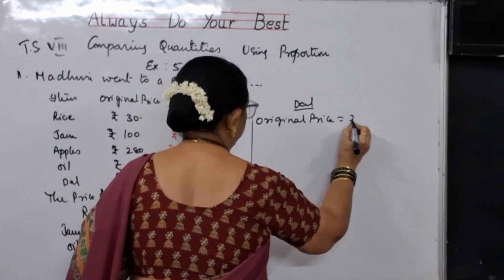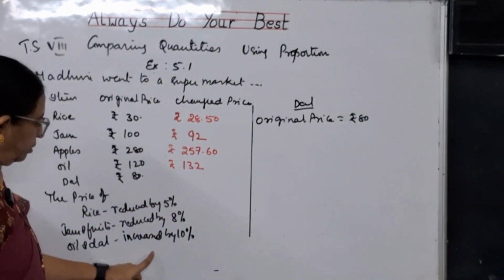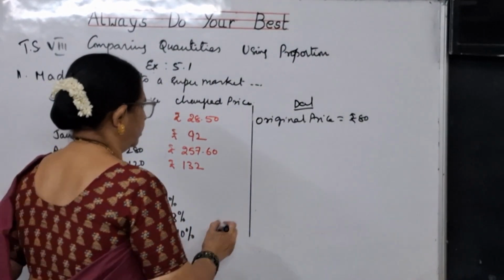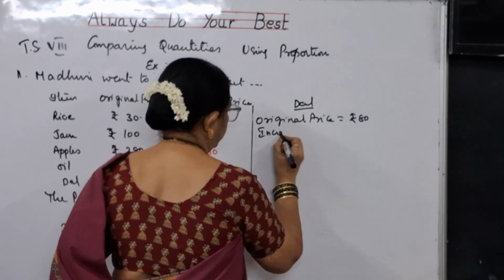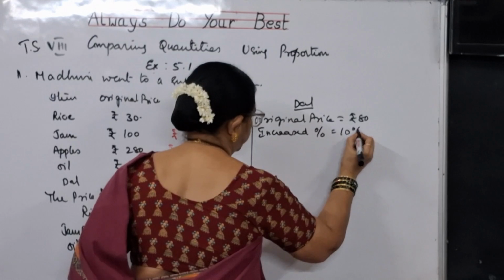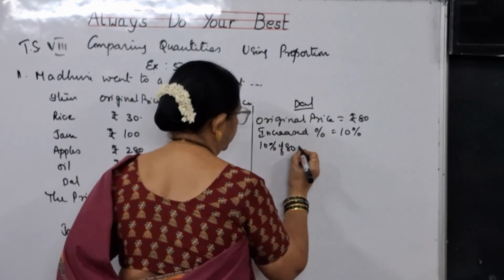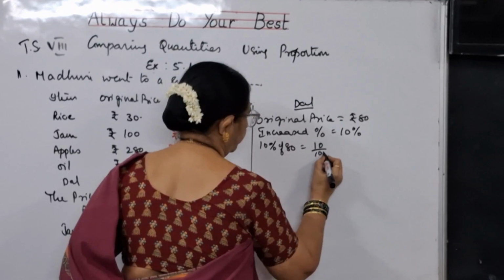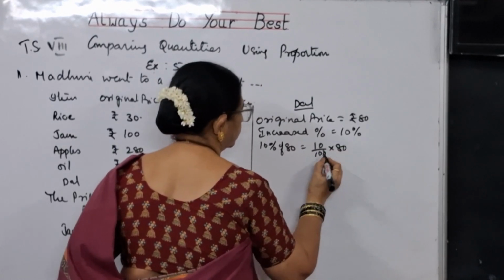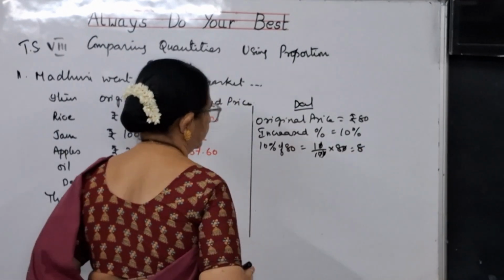The original price of dal is rupees 80. For oil and dal, it is increased by 10%. So the increased percent is 10%. So, what is 10% of 80? You have to see 10 by 100 into 80. So 10 here, 10 here, that is 8 rupees.